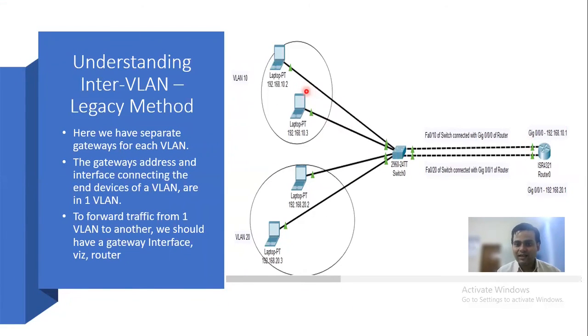Then the traffic from this laptop reached the switch, went through the router, came back to the switch, and then reached the destination device. So in the legacy method, the packets have to take a longer path, going through an intermediate router to reach a device in another VLAN.